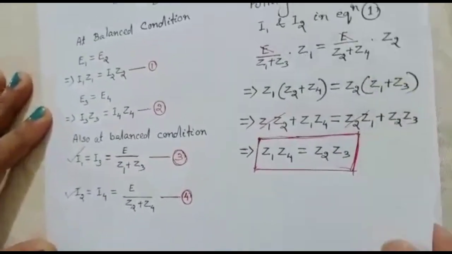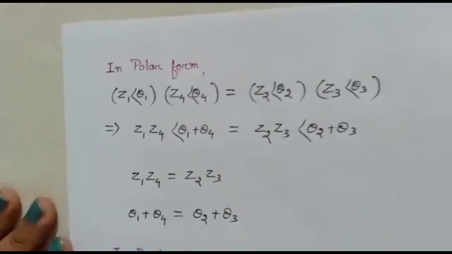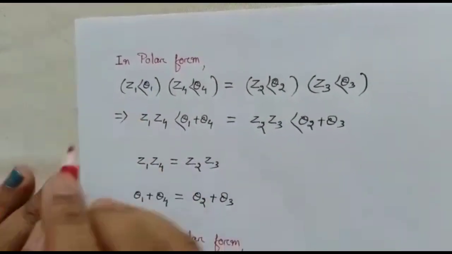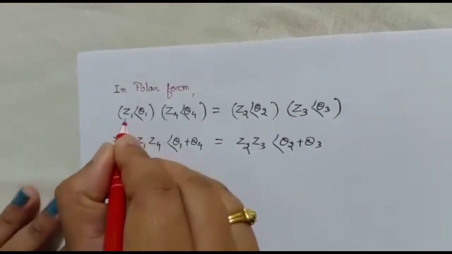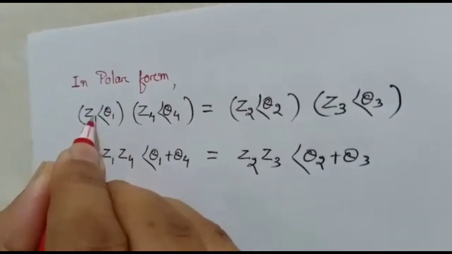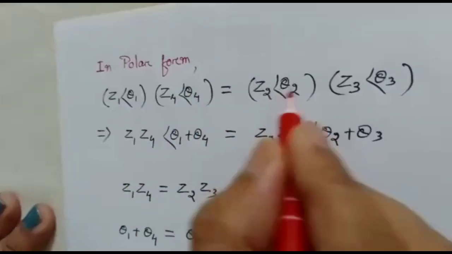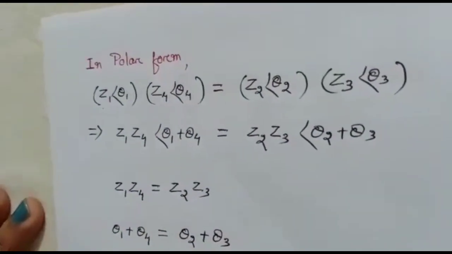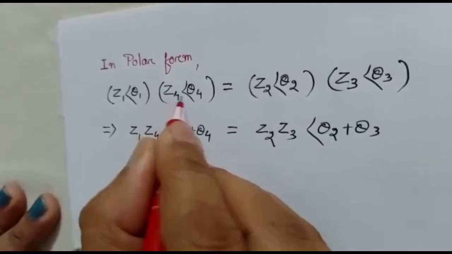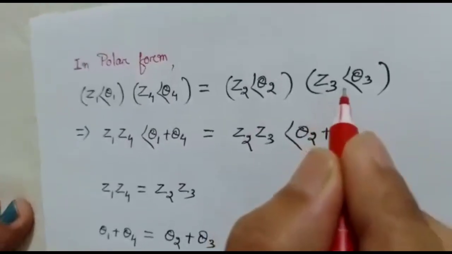Now if the parameters are in polar form, as we know, it is an AC quantity, so it has one magnitude and one phase or direction. For Z1 the angle is theta 1, for Z4 the angle is theta 4, and so on. So at balance condition, Z1 angle theta 1 into Z4 angle theta 4 must be equal to Z2 angle theta 2 into Z3 angle theta 3.